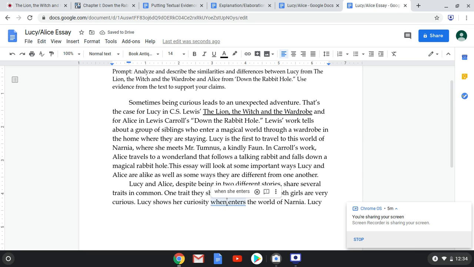Sorry, I need to put, it's good to have that check there. Lucy is exploring a wardrobe when she suddenly finds herself in the forest of a magical world.